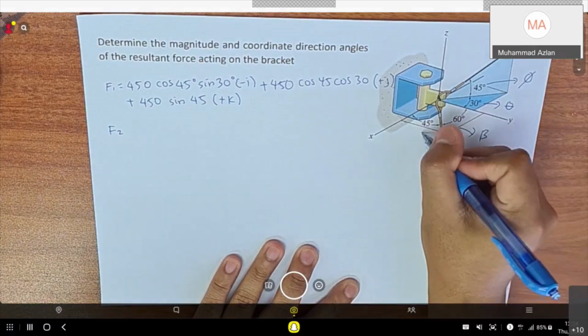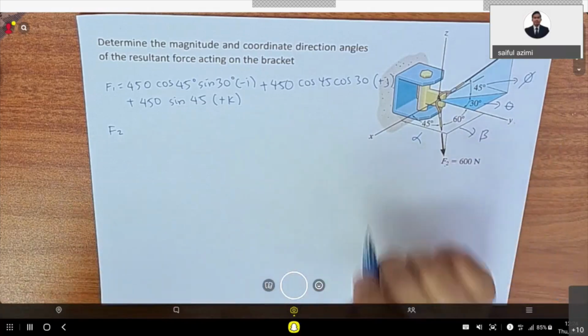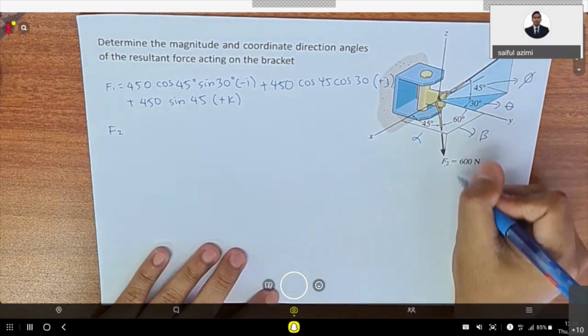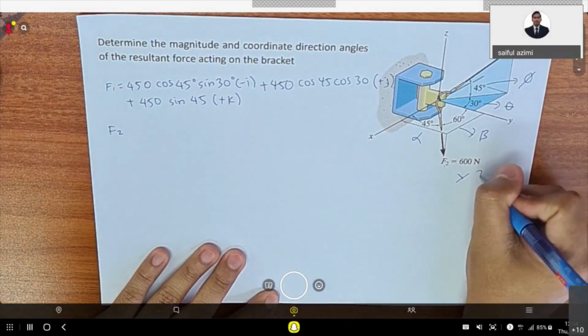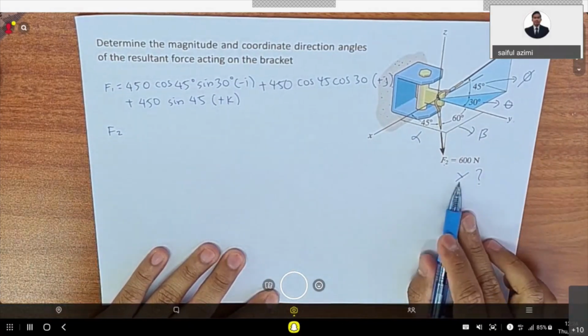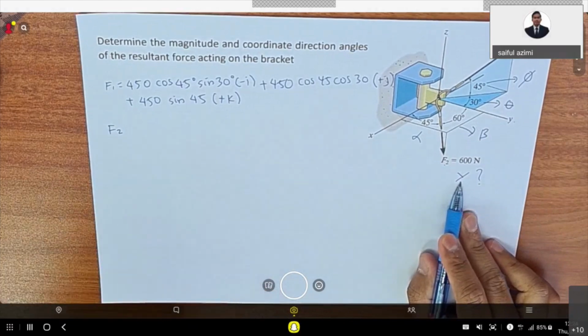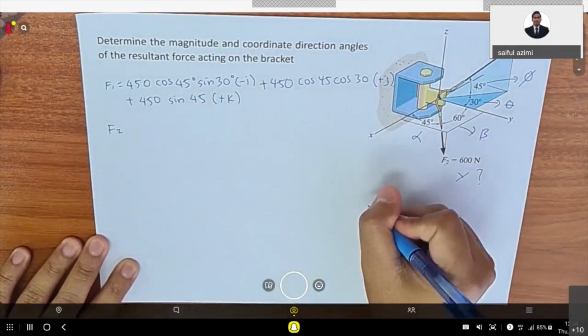Alpha. So we don't have what? Gamma. Okay, so we don't have gamma. How do we want to find gamma? We use the cosine formula. Yes, that's correct. First we can find the gamma by using the cosine formula.